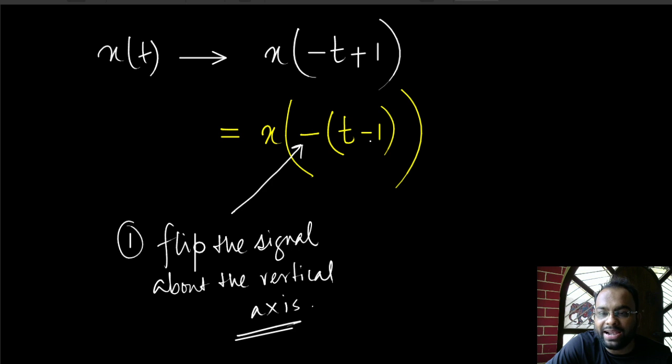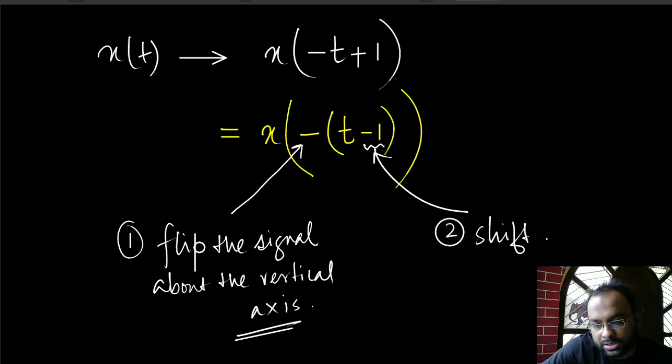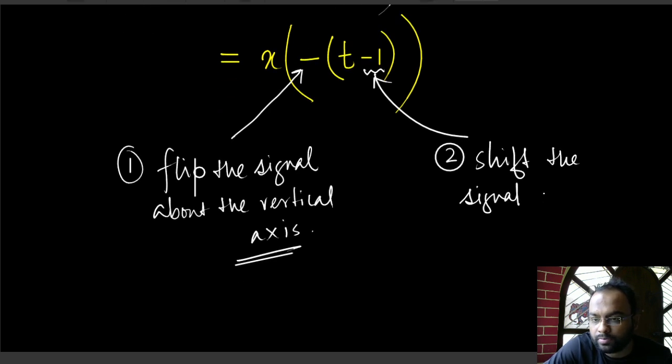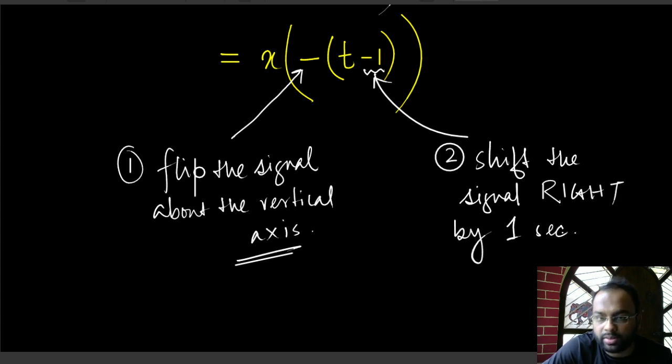And since we have added a negative quantity with time, we shift the signal to the right by 1 unit. So this entire thing indicates our step 2: shift the signal right by 1 second.